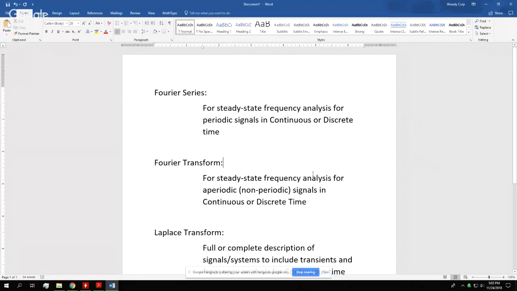Now, what do we mean by steady state? Well, back in the differential equations class, we talked about solving differentials, and sometimes you had a forcing function and sometimes you didn't. When you didn't have a forcing function, that was called a homogeneous state.